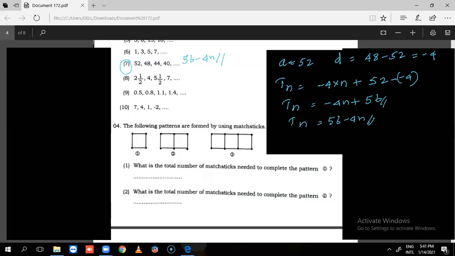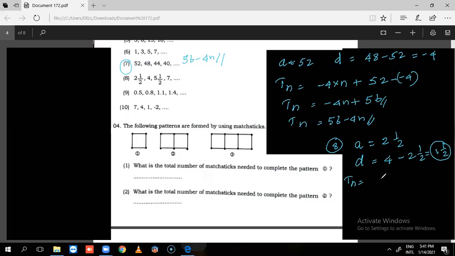This thing, first term A, question number 8. A equals 2.5. Common difference, except first term, subtract the previous. 4 minus 2.5, how much? 4 subtract 2, 2. 2 subtract half, 1.5. Then we can write common difference is 1.5. Then we can write the general term Tn equals common difference into n.